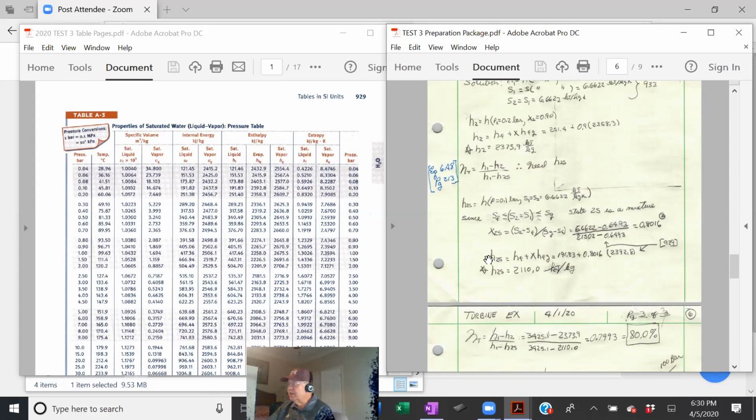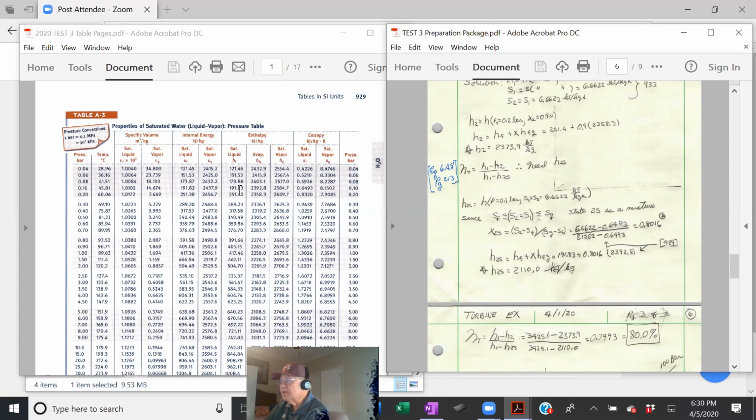Now I can use the enthalpy quality equation to calculate H2S, knowing X2S. H2S is just the HF at this point plus X times H of FG. Well, what is H of F? Going over, it's 191.83.